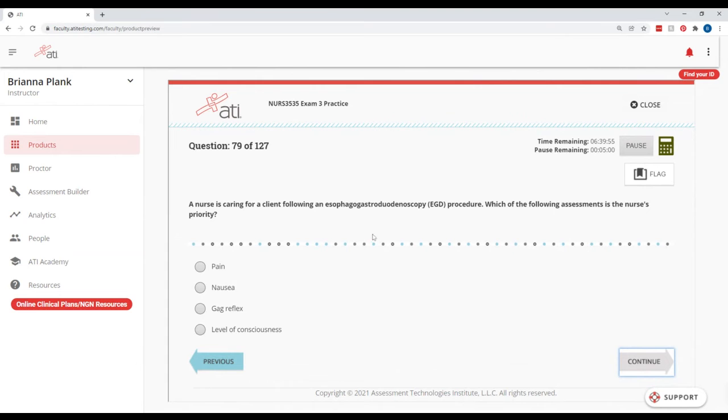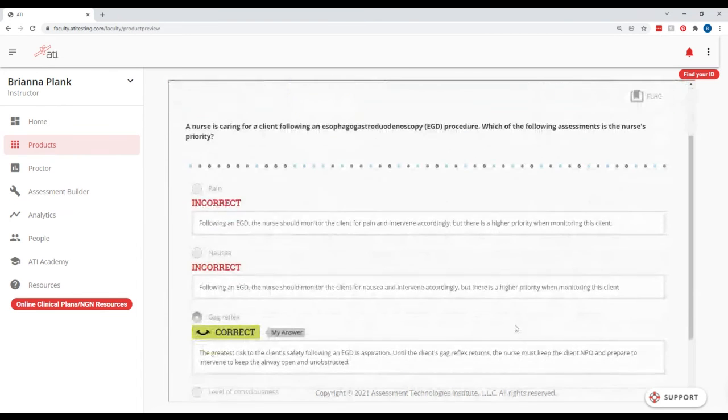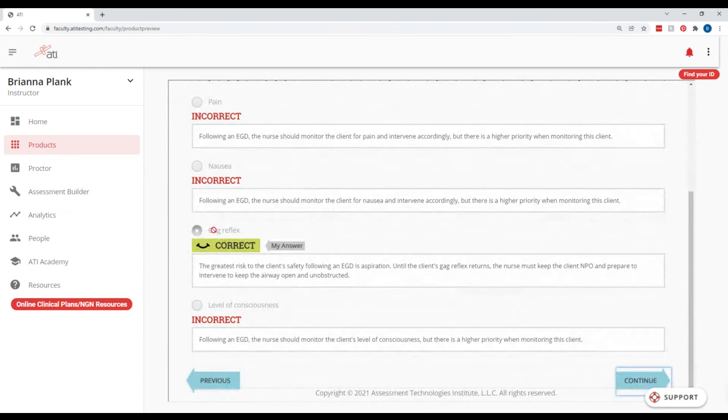We have an EGD. Which of the following assessments is our priority? I'm gonna actually go with C. So pain will do it, but if we can only do one, I need to know if they have their gag reflex. Whenever we do an EGD, we're doing the scope down through the mouth.